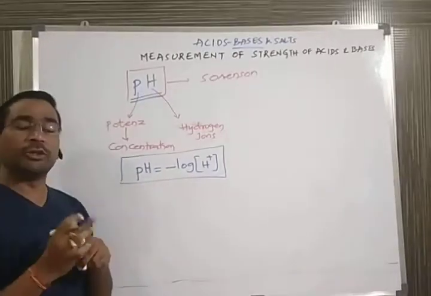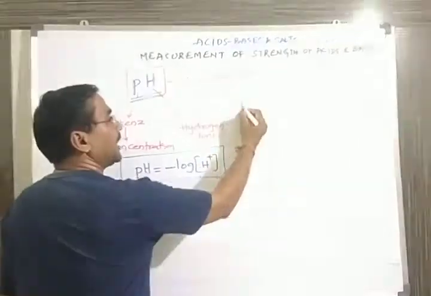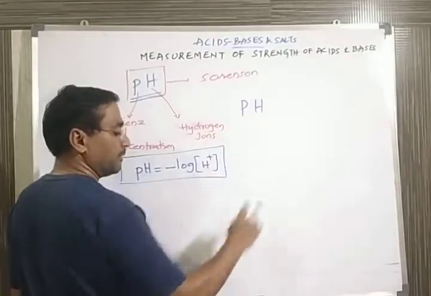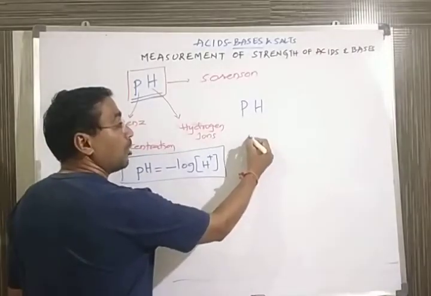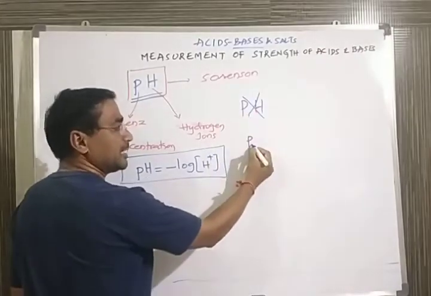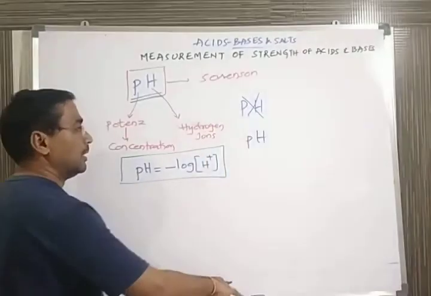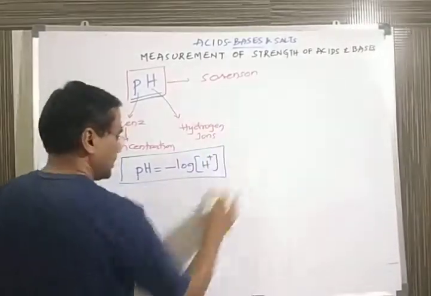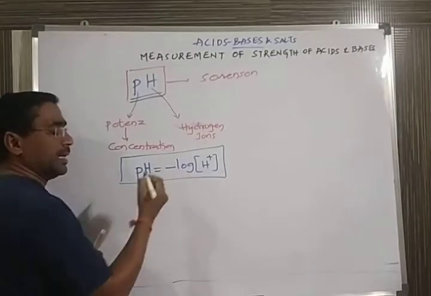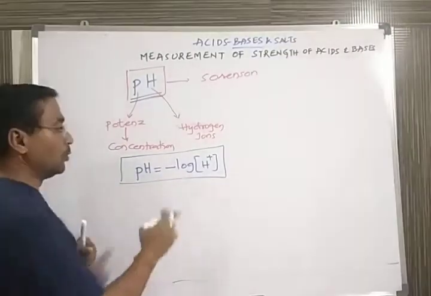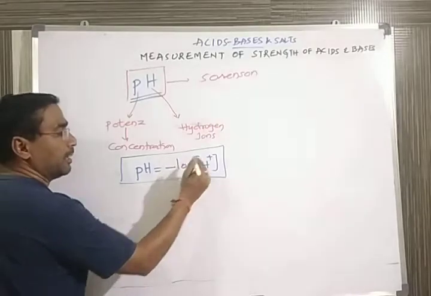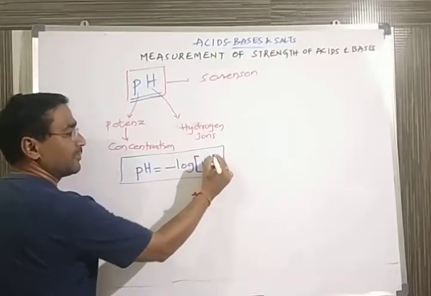Always make sure that when you write pH, you don't write capital P, capital H. This is wrong. We should write small p, capital H. So pH is equal to minus, negative, logarithm of the term in the square bracket.